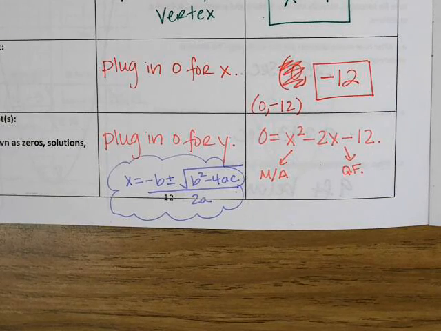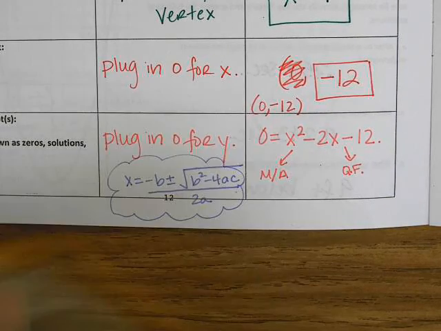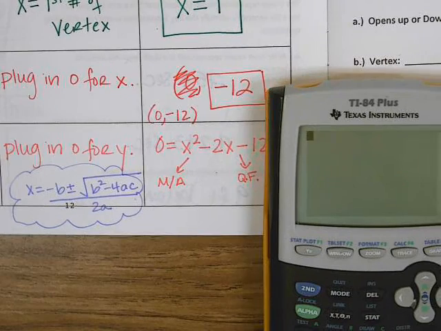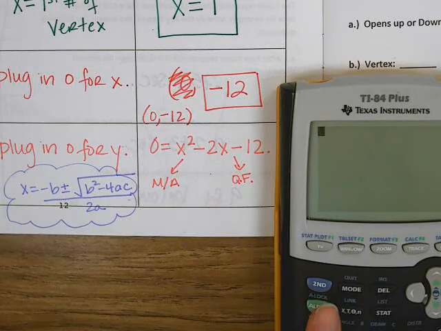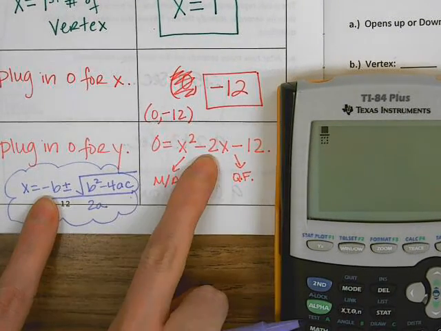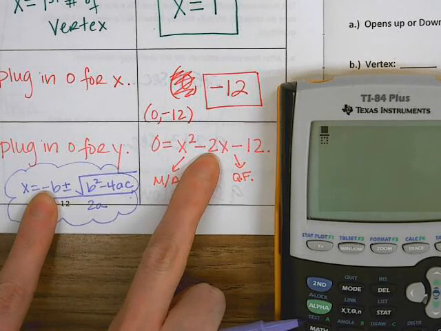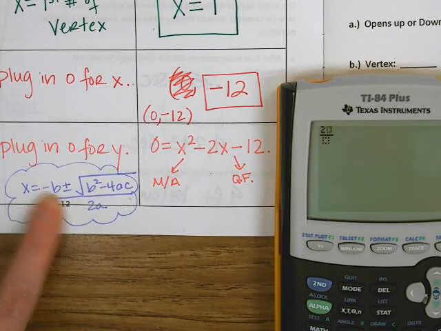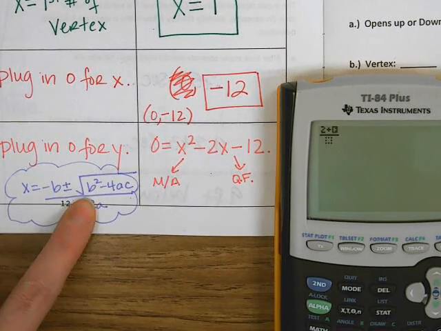I'm going to do it straight in the calculator here. We start with a big fraction. x equals negative b, so a minus is a plus 2. Let's do the plus version first.